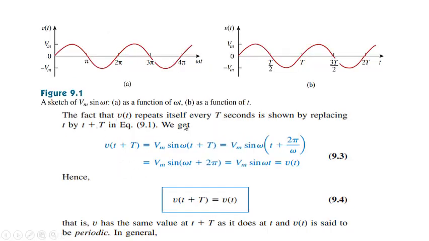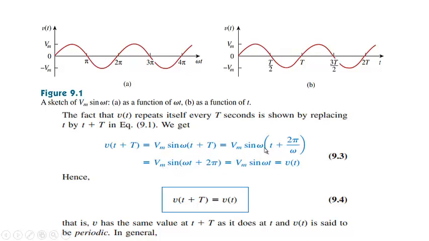The fact that V(t) repeats itself every T seconds is shown by replacing t by t plus T, where T is the time period. We get V of t plus T is equal to Vm sine of omega (t plus T). So Vm sine of omega t, where T is equal to 2 pi by omega.